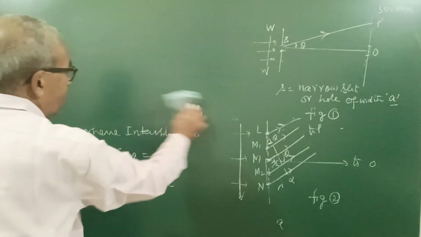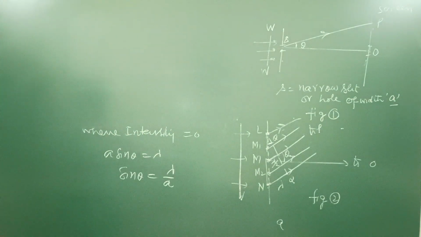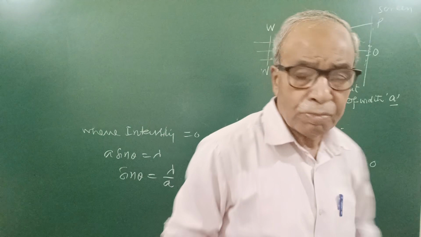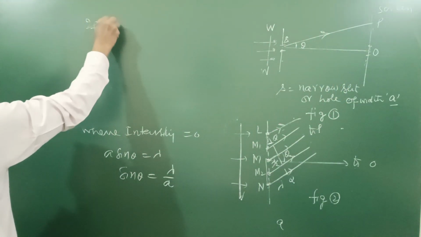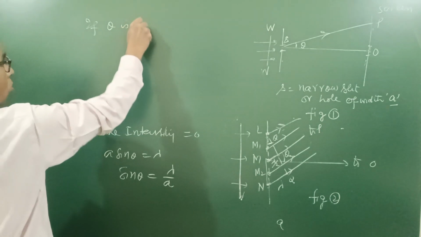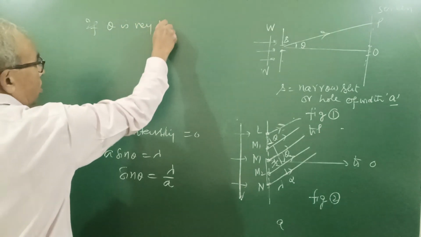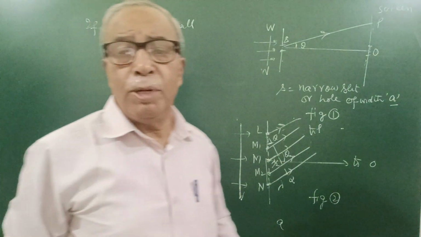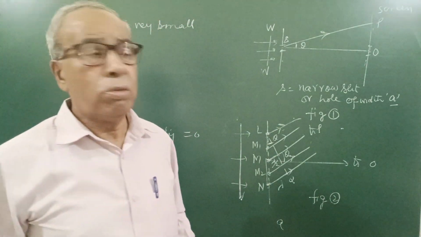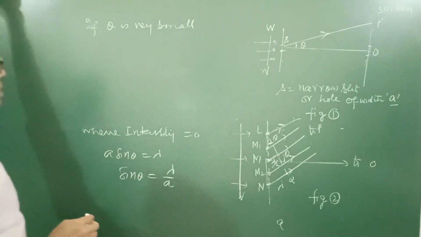I have told you many times theta is very small. Generally theta comes small. And dear, listen to me carefully, this approximation is valid up to 10 to 15 degrees.